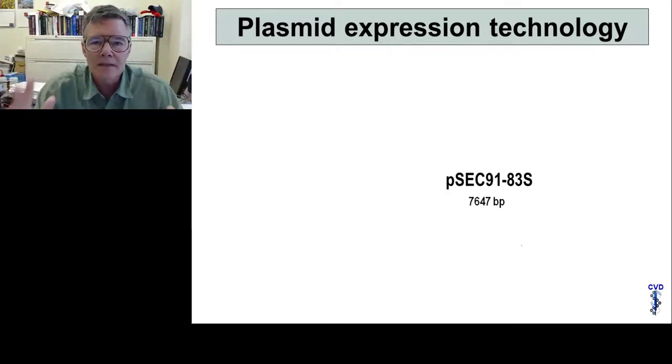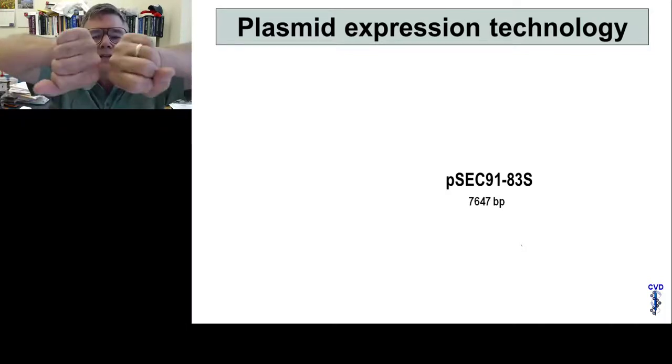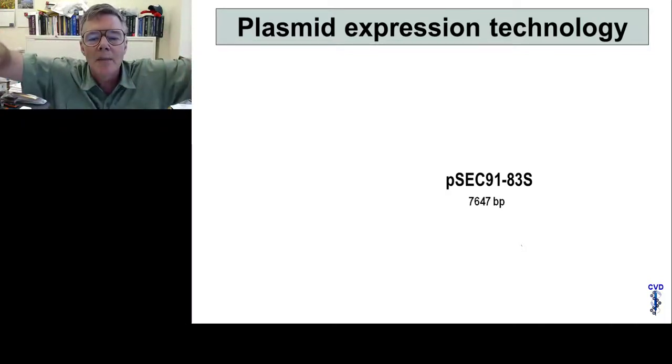That's not good enough for live carrier vaccines. So we needed a stable inheritance system called par-A, and I would really love to get into the details on this. It's fabulous stuff, but I don't have the time here. But anyway, this partitioning system pushes copies of the plasmid into daughter cells. It's fabulous stuff.